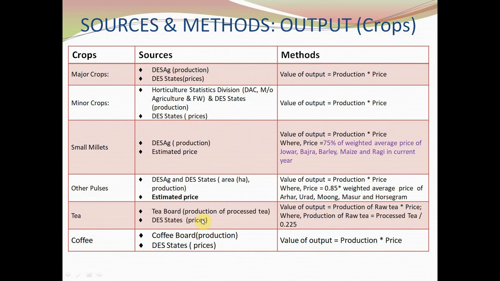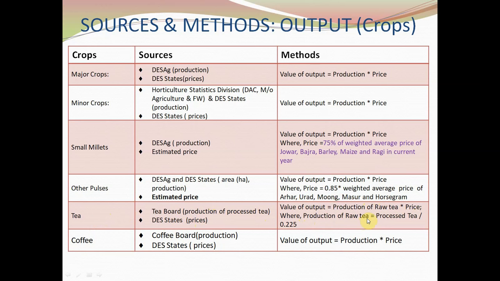For tea, Tea Board is providing data for production of processed tea and DES states are providing prices. But for tea, we are using production of raw tea for calculating value of output.